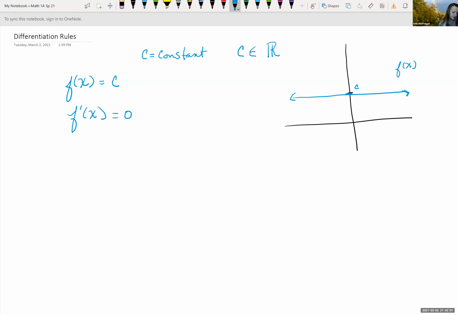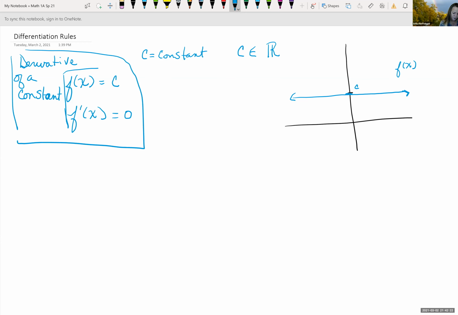So this is the derivative of a constant. And that's our rule. So now, if we ever have a function that has just a constant, we know that derivative is going to be 0.